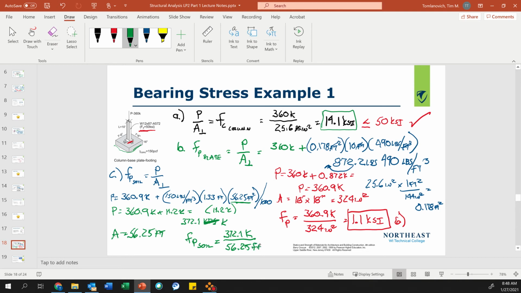We usually deal in bearing pressure on soil in square feet instead of square inches. Materials like steel and wood are usually in pounds per square inch.